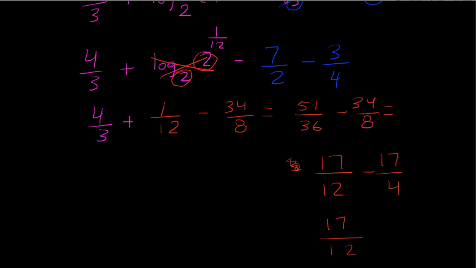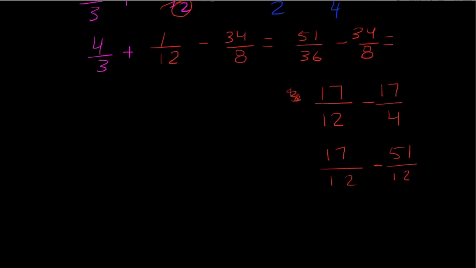So multiply top and bottom by 3, this will be negative 34 over 12, which is negative 17 over 6. So that's my final answer for the first one.